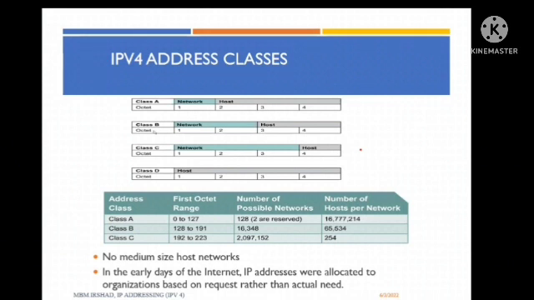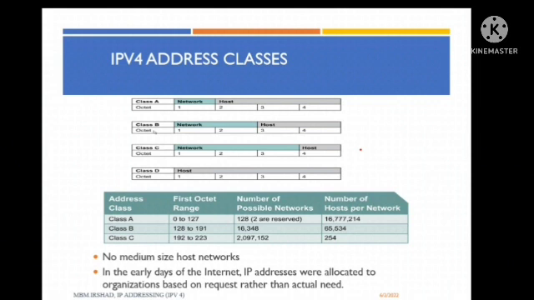So this is the basic summary you can see of the IP blocks and classes. In one shot you can see class A, class B, class C, which portion goes to network and which goes to host, and the possible networks. There were no medium-sized host networks.